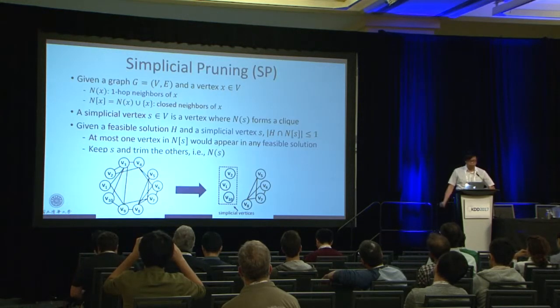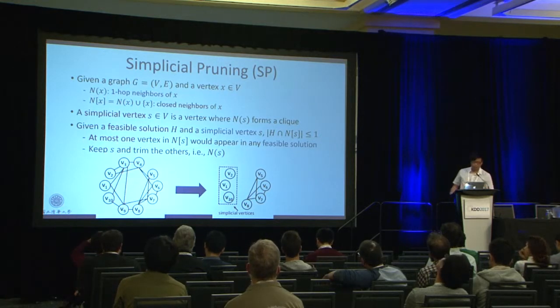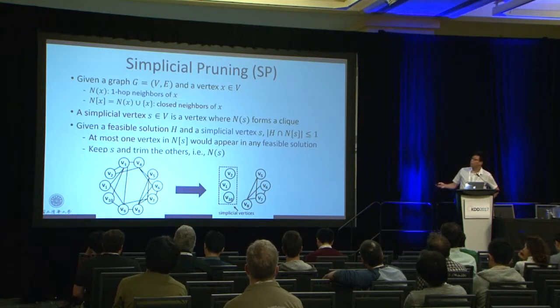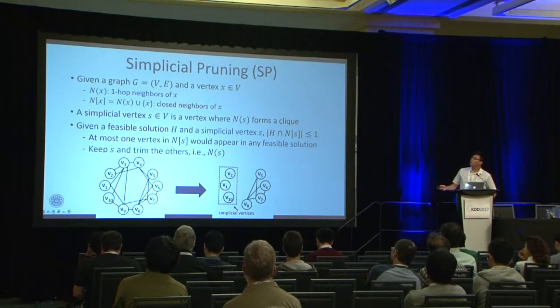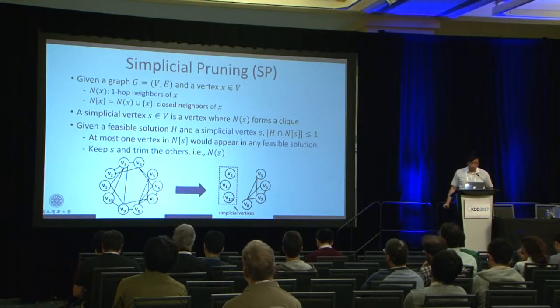More specifically, in the simplicial pruning strategy, given the graph and a vertex x, we define the one-hop neighbors of x as N(x), and the closed neighborhood of x to be the one-hop neighbors of x plus x. A simplicial vertex S is a vertex whose one-hop neighbors form a clique.